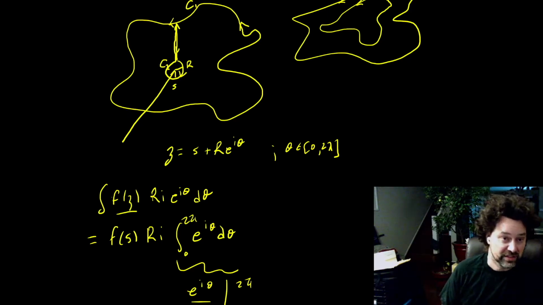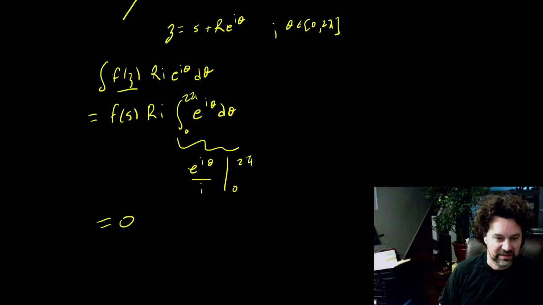So it shows us the integral over C1, despite the arbitrary nature of that path, is also 0. That's kind of the basic idea behind complex integration.